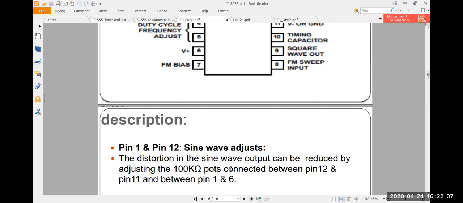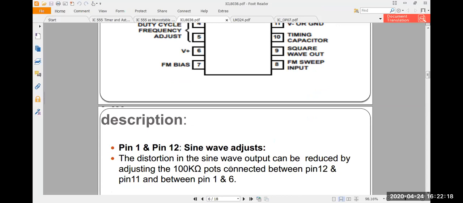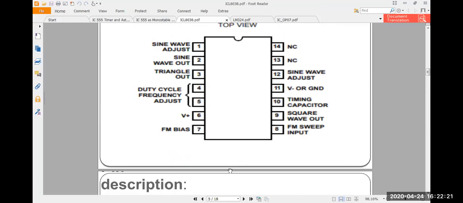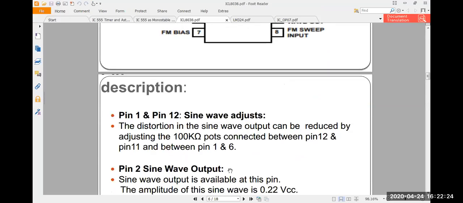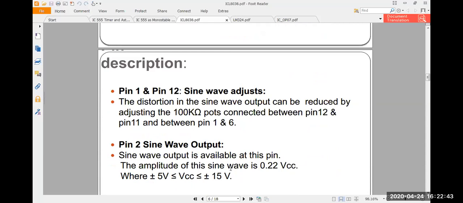When you want to remove any distortion in the sine wave, we can make use of a potentiometer which can be connected between pin number 12 and pin number 11 and pin number 1 and pin number 6. You can see here pin number 1 is sine wave adjust as well as pin number 12 is sine wave adjust. So by connecting sine wave adjust to the supply pins, that is V plus or V minus, we can reduce the distortion in the sine wave.